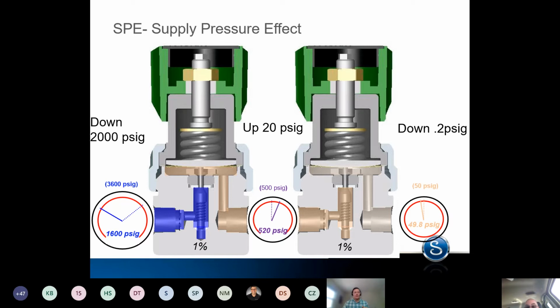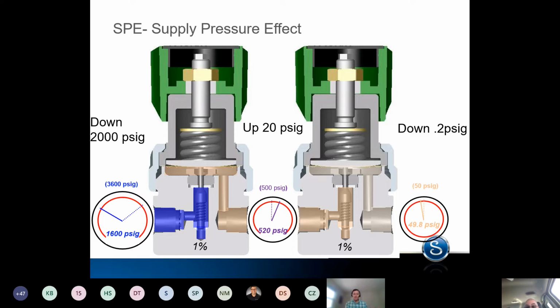So if we have starting points of 3,600 psi, 500 psi, and 50 psi, first stage outlet is 500, second stage outlet is 50, just the same as our previous example. If we lose, in this case, 2,000 psi from the gas cylinders, our first stage will rise by 20 psi, right?